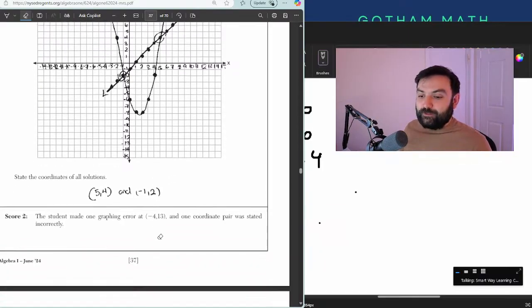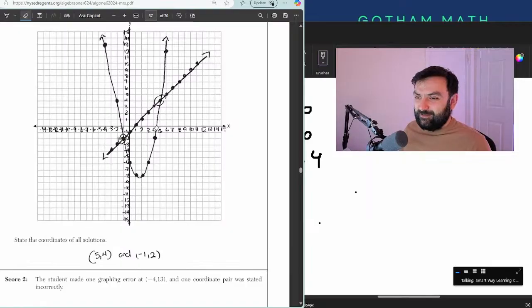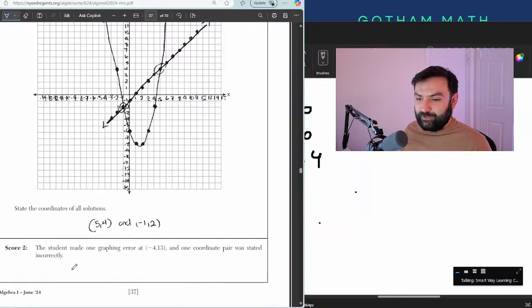Okay. The student made one graphing error at -4, 13. Oh, misplaced it a little bit. Probably should have been here. And one coordinate pair was stated incorrectly. This one.